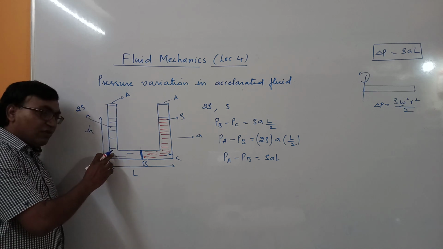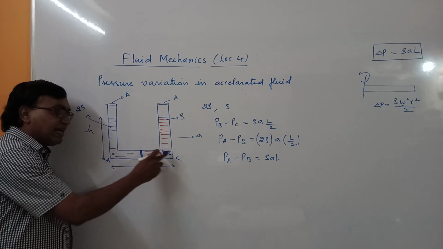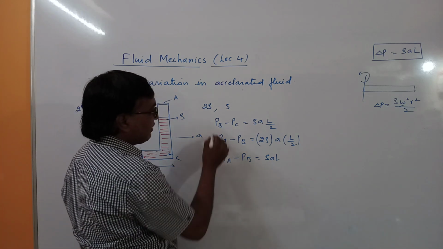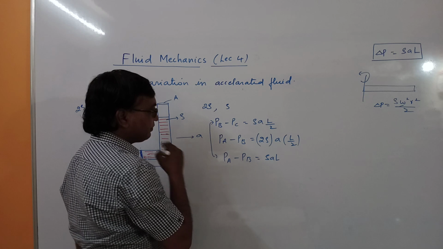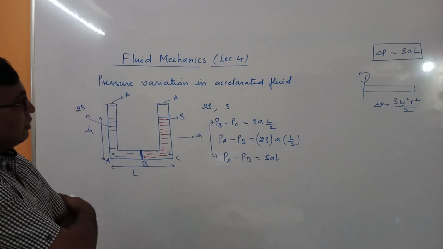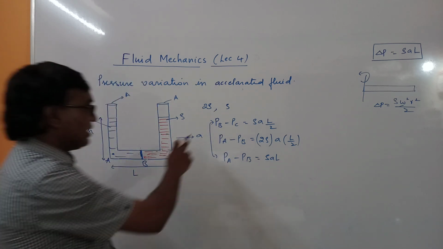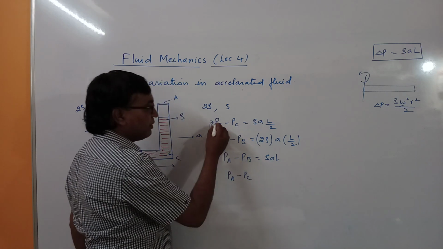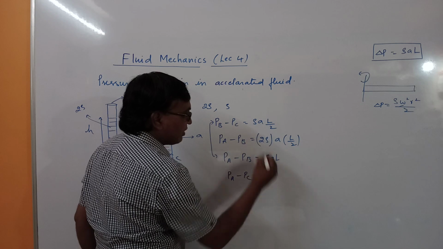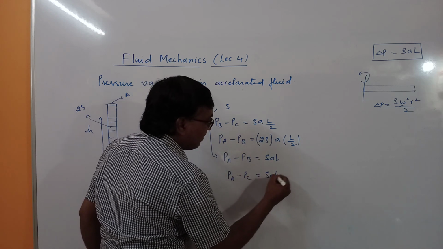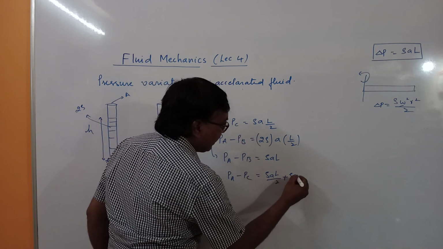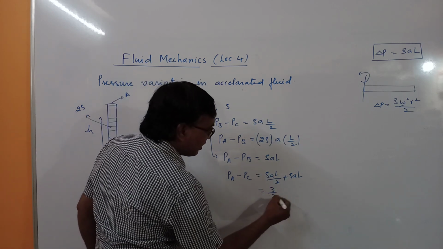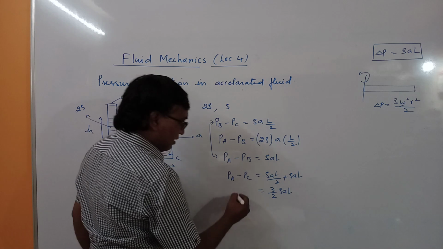Now we want H. So first of all we want the difference between the pressure at A and C, so that we can find out the heights. If I add these two equations, PB will cancel, so PA minus PC is equal to rho AL by 2 plus rho AL, that is 3 by 2 rho AL.